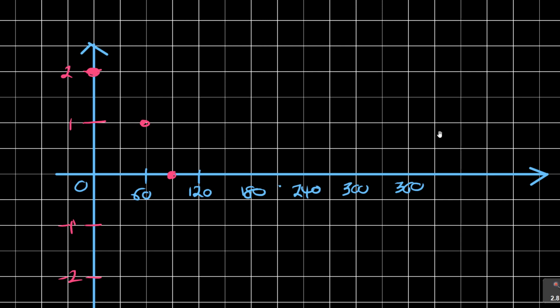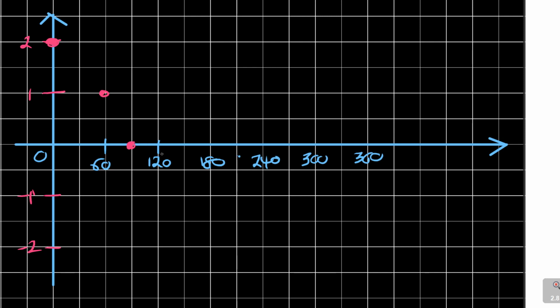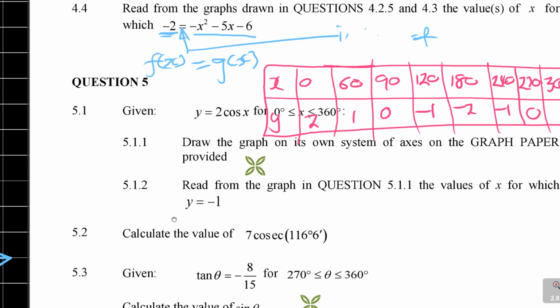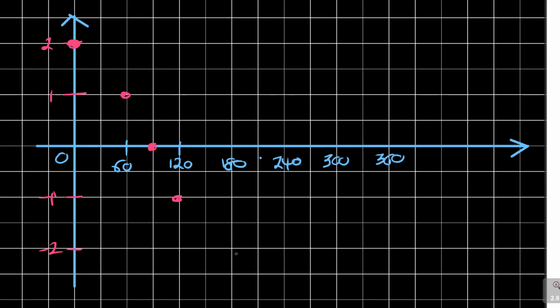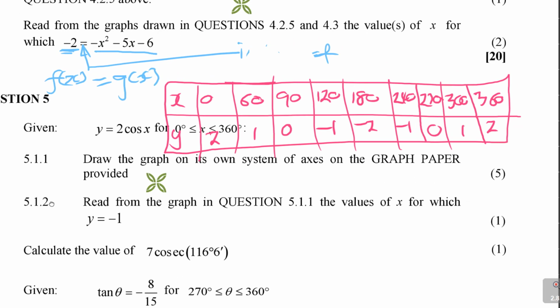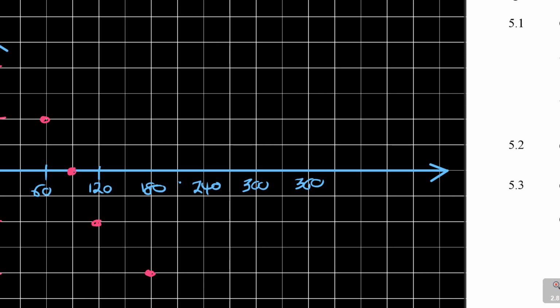Then the next point is 120, minus 1. 120 is minus 1. The next point is 180, minus 2. 180 is minus 2. Then the next point is 240 is minus 1. There it is, minus 1 is here.